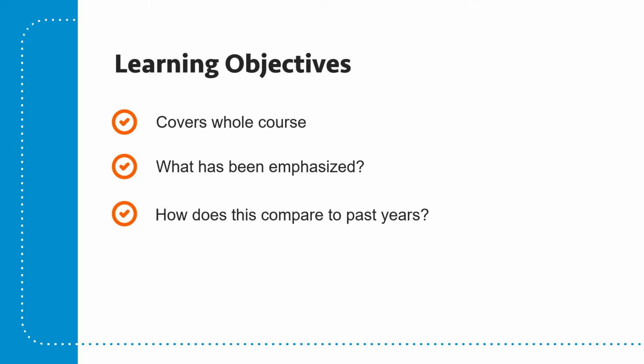So despite the fact that 2020 and 2021 were online, and the courses were offered in slightly different ways in each year, generally we've tried to maintain a consistency in terms of expectations. So the final exam doesn't change significantly. And I want you to make sure that you look at it from that lens. So how does this compare to past years? I think final exams mostly tend to look about the same.